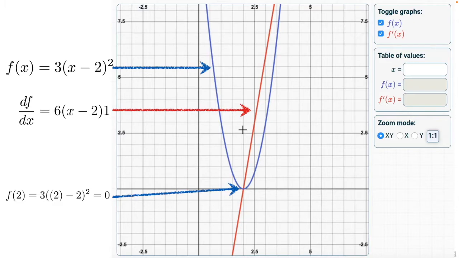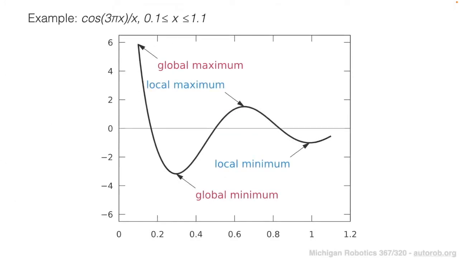But not all functions have that same property. In particular, the function plotted on this slide has not only a global minimum, but in addition, it has local extrema. There are a local maximum and a local minimum where the derivative of the function would still be equal to 0.